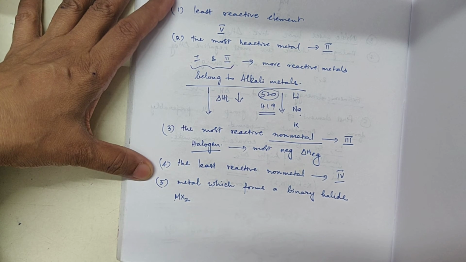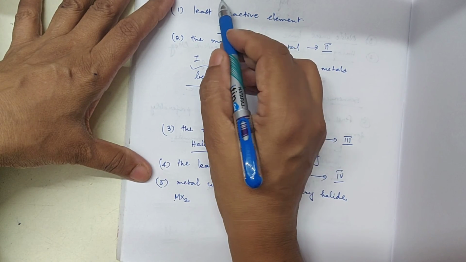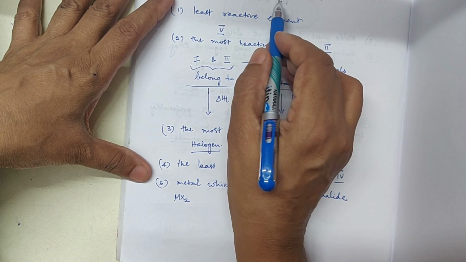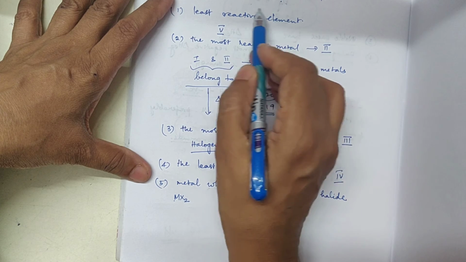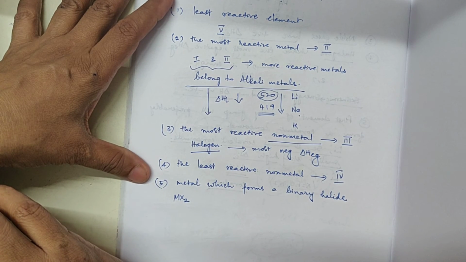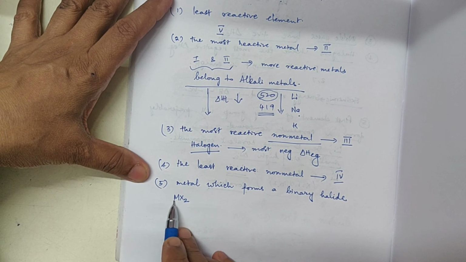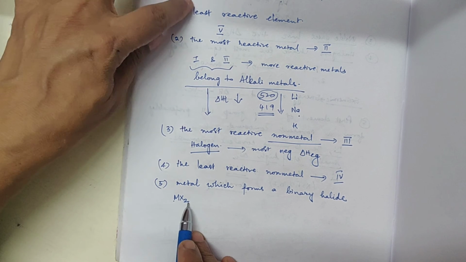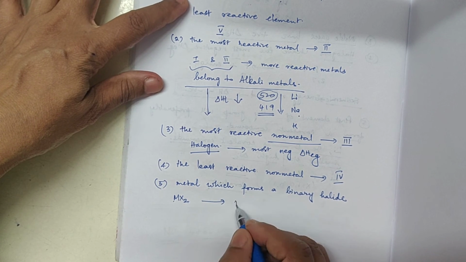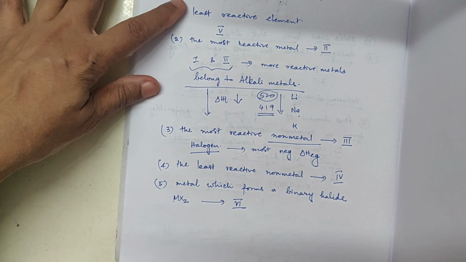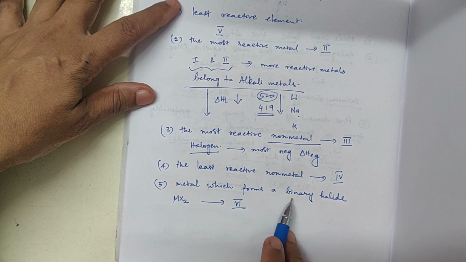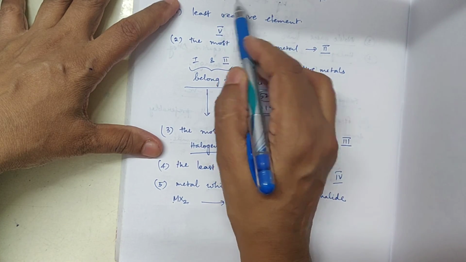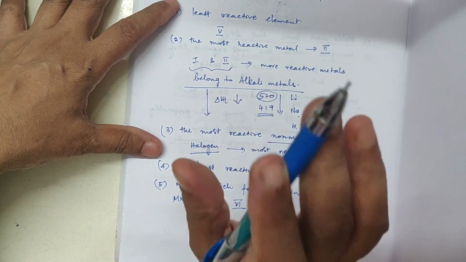If the valency is 2, what did I tell you? The sixth one, where the difference in ionization enthalpy is not large, in all probability it is a second group element. And here we are talking about M having valency 2. That means the answer here is 6. The metal which forms a binary halide is 6, where the first and second ionization enthalpy do not differ much.